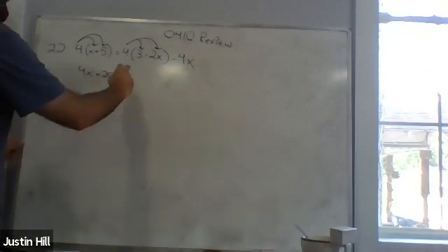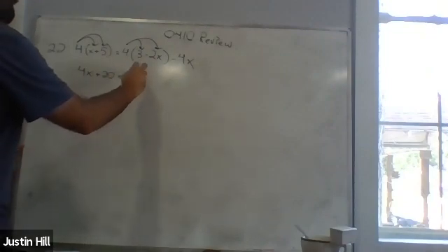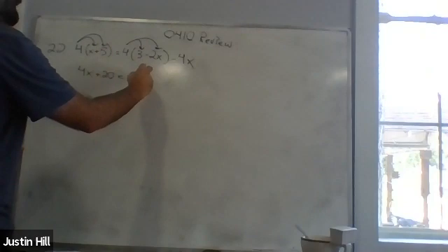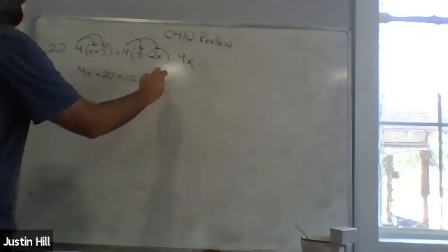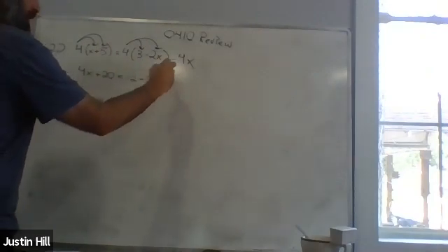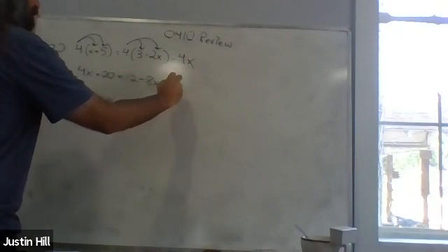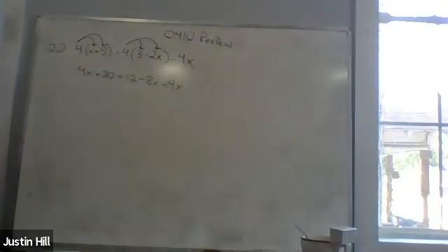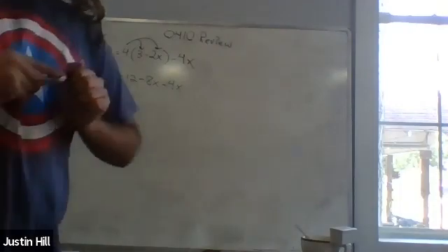And on the right side, that's going to give you 12 minus, actually, 8x. And then we still have this extra minus 4x there. Good. Give me a second, y'all. I think I actually copied this down wrong.